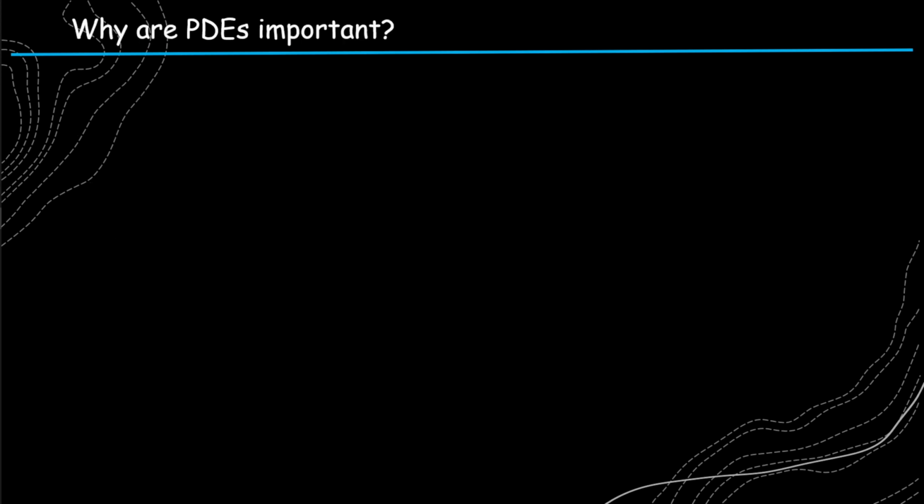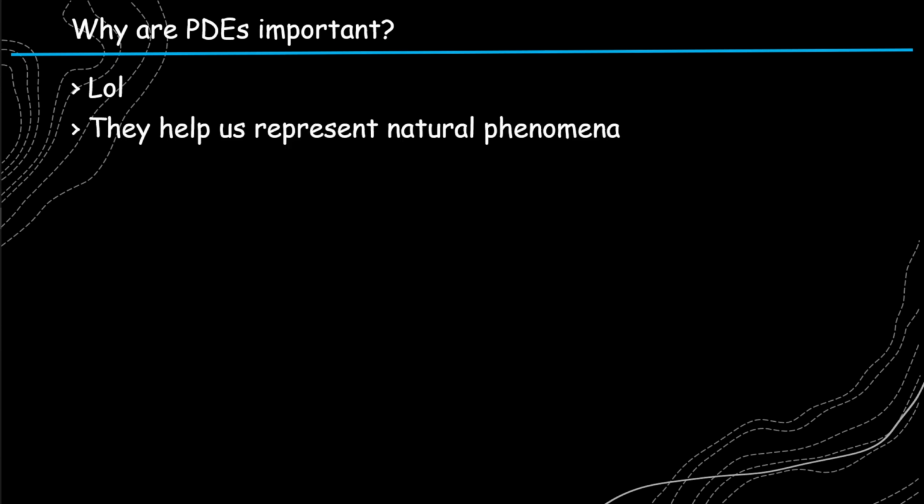The last thing I want to cover is why PDEs are important. This is an interesting question, and it is the question that a lot of people ask in a lot of their classes: why does this matter? For me, the reason why this matters and why it should matter to you is because they help us represent the natural phenomena that we see occurring daily.